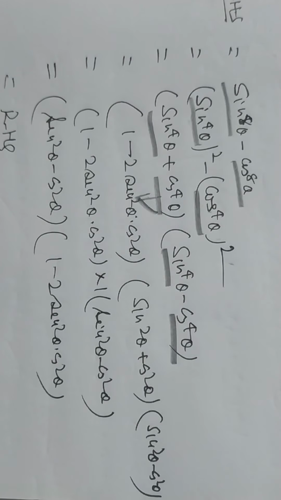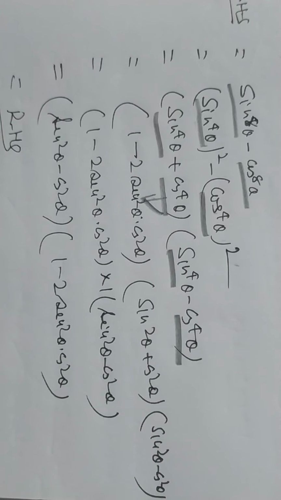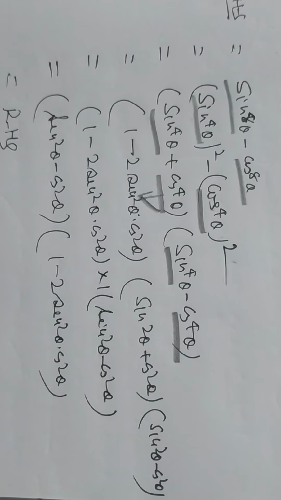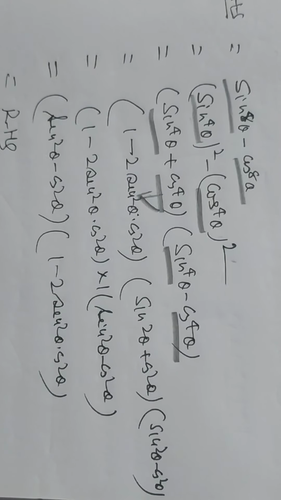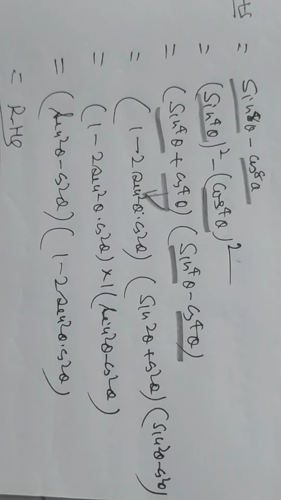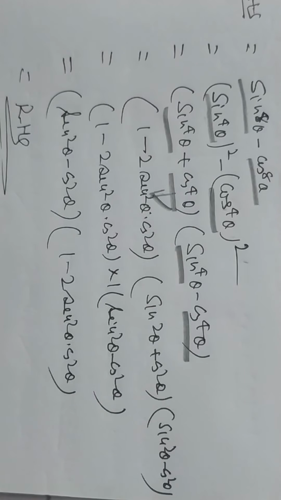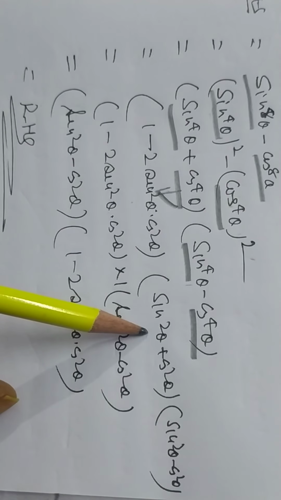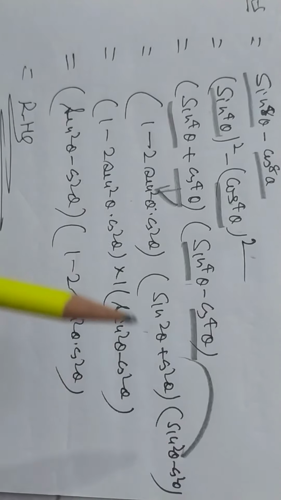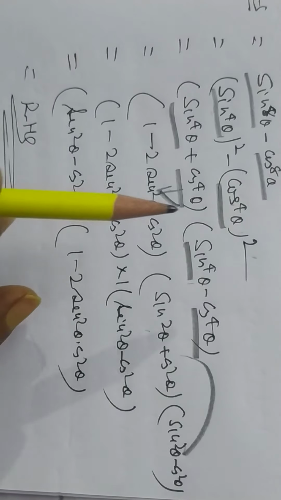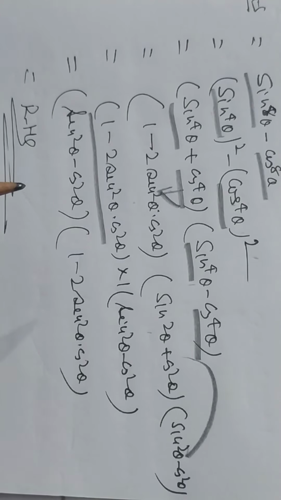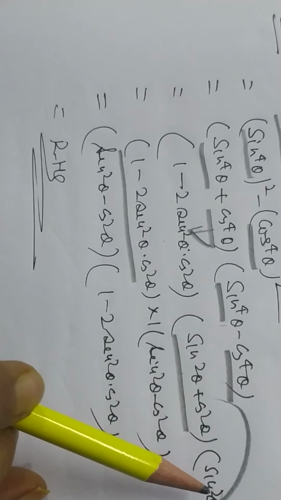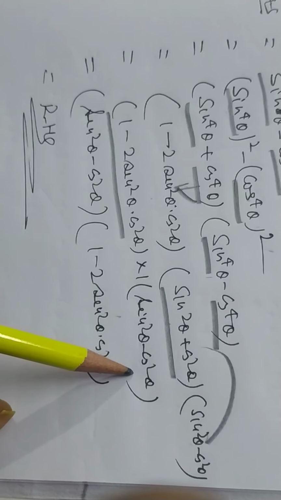And the value of sine to the power 4 theta minus cos to the power 4 theta, we can write as the product of two factors: sine square theta plus cos square theta into sine square theta minus cos square theta. And the value of sine square theta plus cos square theta is equal to 1. And here you write sine square theta minus cos square theta.